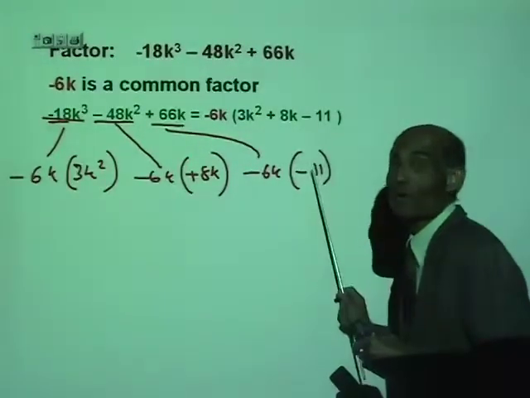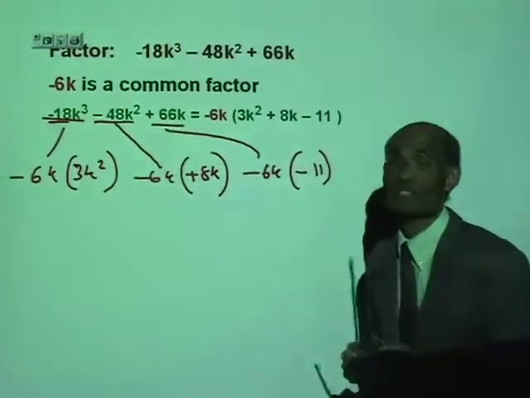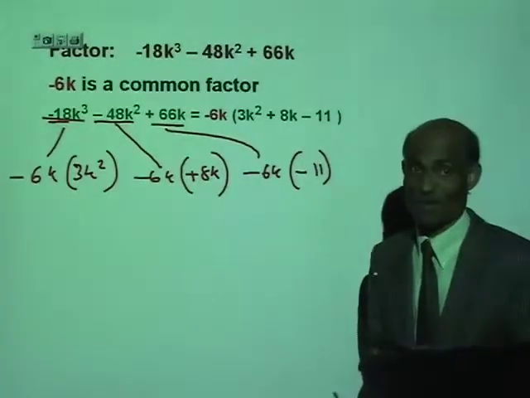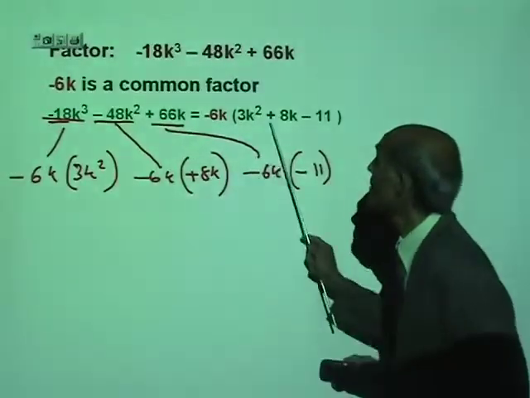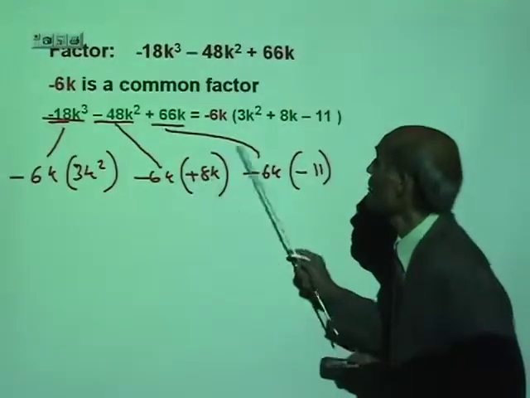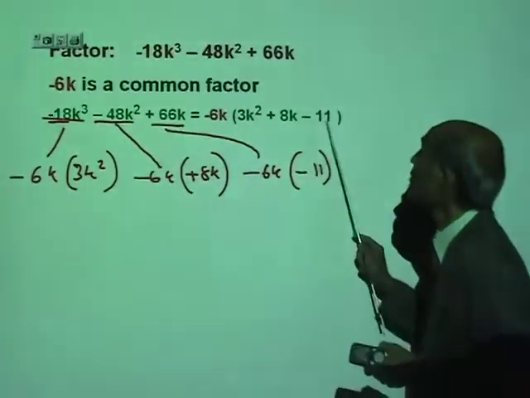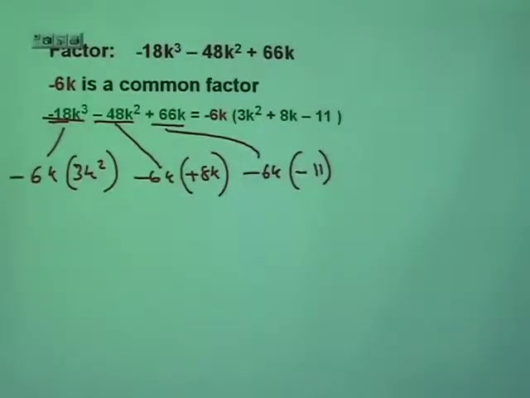Negative 6k multiplied by negative 11 is positive 66k. Alright, now we pulled out the negative 6k, leaving a 3k squared plus 8k minus 11 inside the parenthesis. Okay?